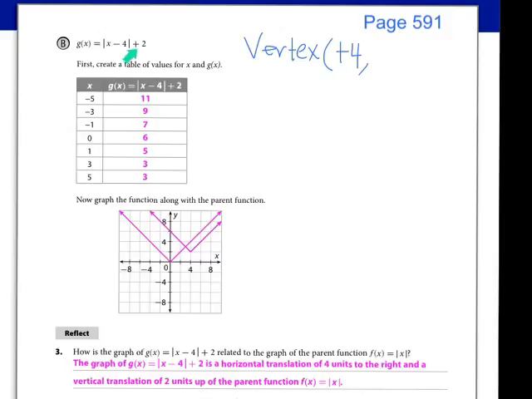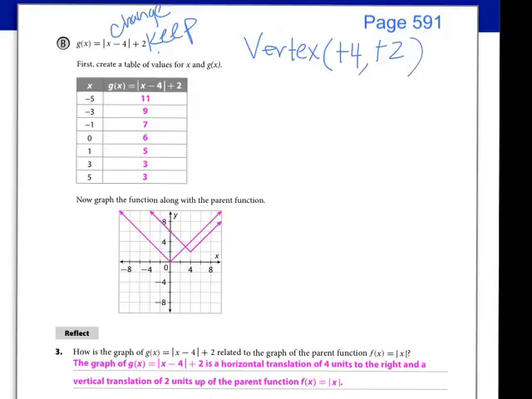And now if you look at this one, I'm supposed to be keeping that. So I'll just remind you there. We're supposed to change this sign, and we're supposed to keep the second sign. So we're going to keep a plus 2, so that's positive 2. So my vertex is at 4, comma 2.